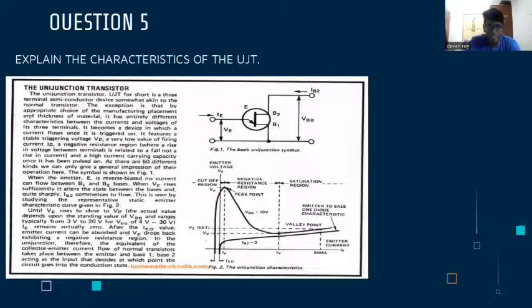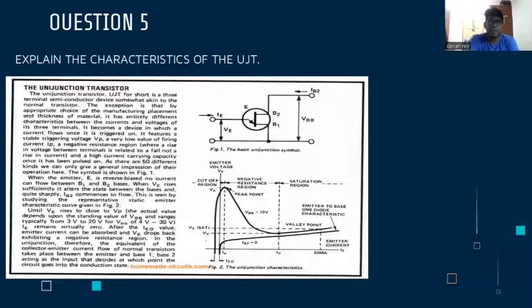It features a stable trigger voltage VP and a very low value of firing current IP, a negative resistance region where a rise in voltage between terminals is related to a fall, not a rise, in current, and high current carrying capacity once it has been pulsed on.